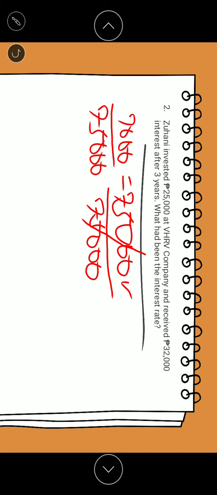So, ang natira na lang sa atin is 7,000 over 75,000 equals R. So, we divide 7,000 by 75,000 and we get 0.093 equals R. So, this 0.093, marami pa siyang kasama, mahaba siya, but we only get the 3 digits after the decimal point.